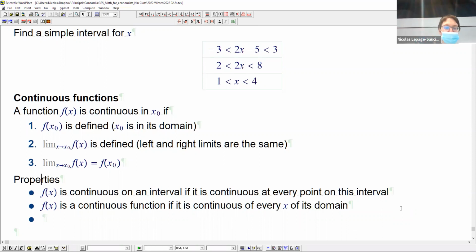Now this is all abstract, but if you want to just look at it and know whether it's continuous, that's the easy thing to do.